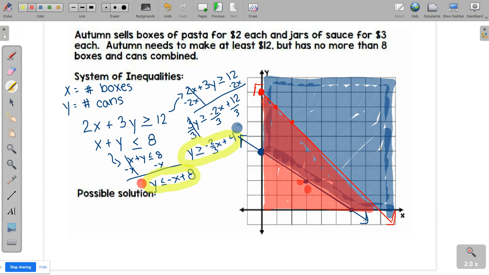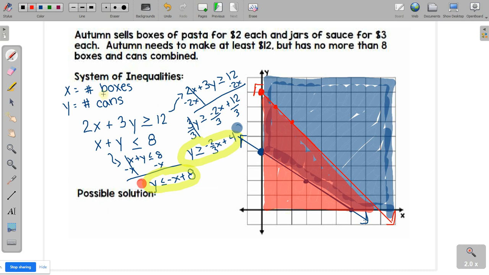So with us shading below, we need to find a possible solution. Anything in this region here, in between these two lines, where the two colors overlap, that is a solution. It can be on either line as well, since they're solid lines. So let's look at a possible solution.